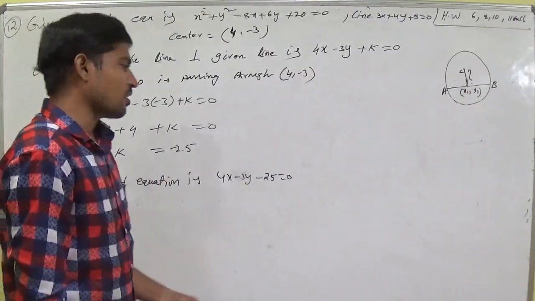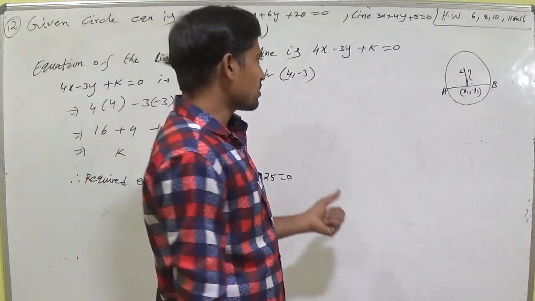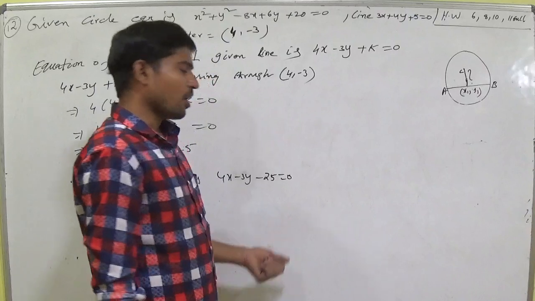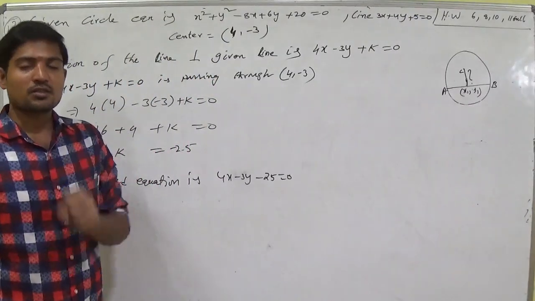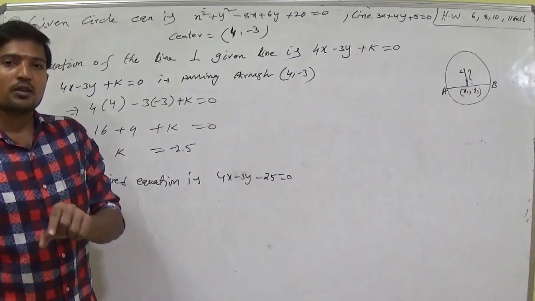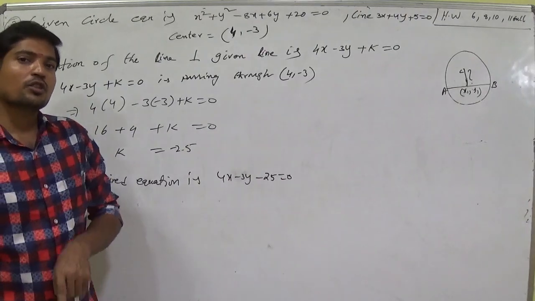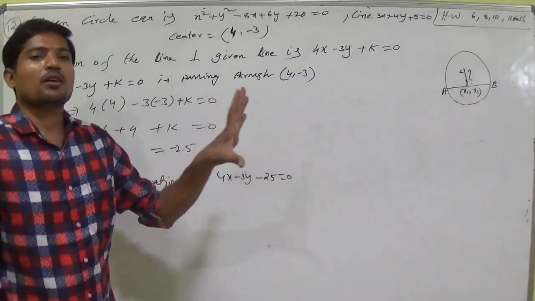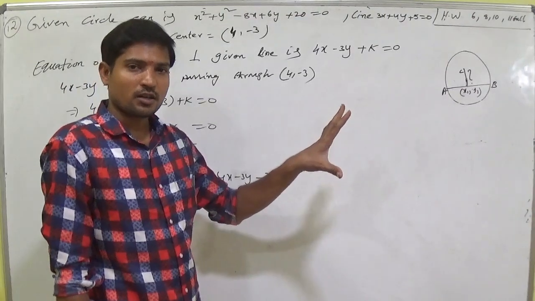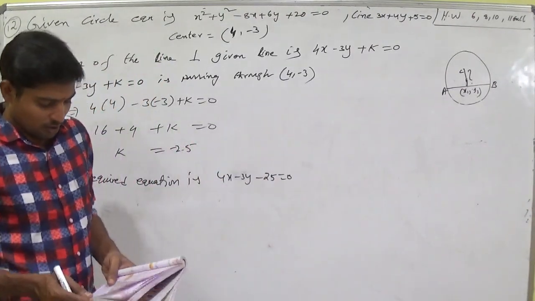So the required equation is 4x minus 3y minus 25 equal to 0, right? That's it. Next.